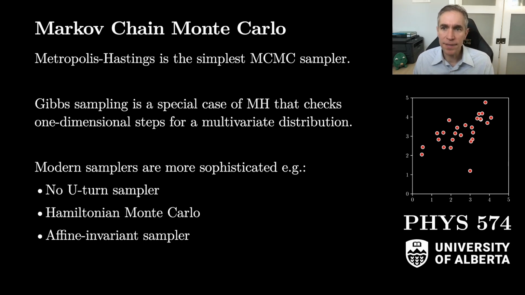Metropolis-Hastings is the simplest Markov chain Monte Carlo sampler, but it's quite graspable, and the intuition we get by looking at Metropolis-Hastings gives us a lot for higher dimensional spaces. The next step up in terms of sophistication is called the Gibbs sampler. It's a special case of Metropolis-Hastings that allows you to check one-dimensional steps, and this is very useful for working with a multivariate distribution.